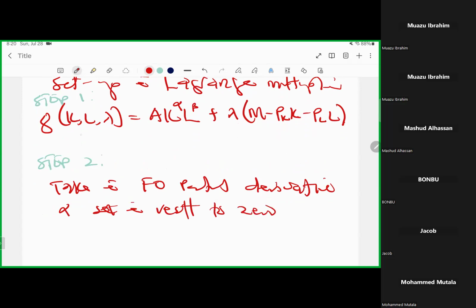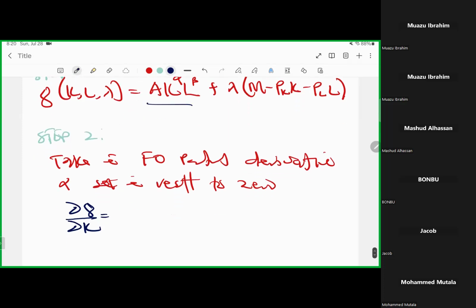So we need to differentiate this with respect to each of the unknowns, beginning with capital. So here will be delta G all over delta K. Here we are differentiating this and this one.